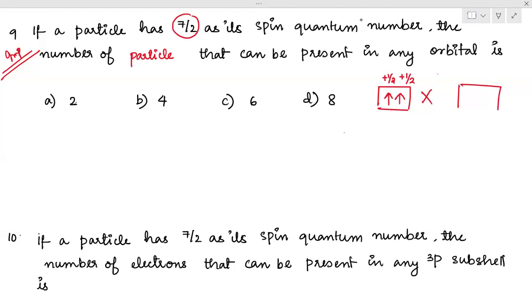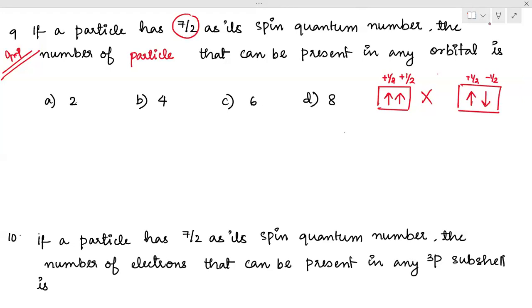Energetically, it's not feasible. Similarly, it is possible that it can have plus 1 by 2 and minus 1 by 2. So within an orbital, generally, it is said that because the electron spin is 1 by 2, it can take only two possible orientations, plus 1 by 2 and minus 1 by 2.